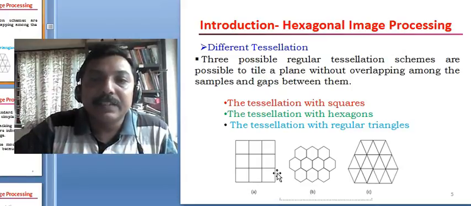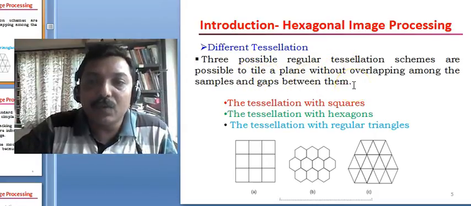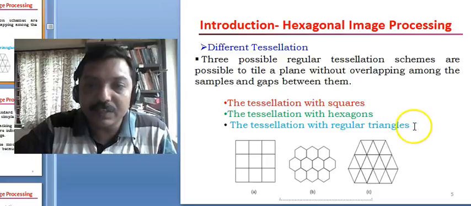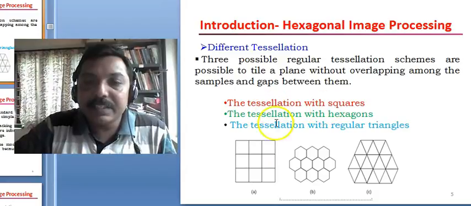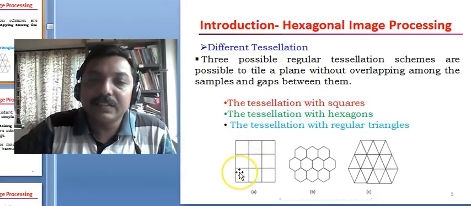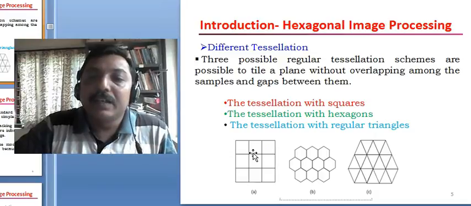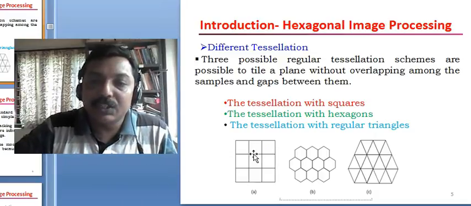There exist three different schemes that can be used to tile a plane without overlapping among the samples and gaps between them. The tessellations are the tessellation with squares, tessellation with hexagons, and tessellation with regular triangles. The first case, the tessellation with squares, is what we are using nowadays, and this can be represented by using a Cartesian coordinate system.